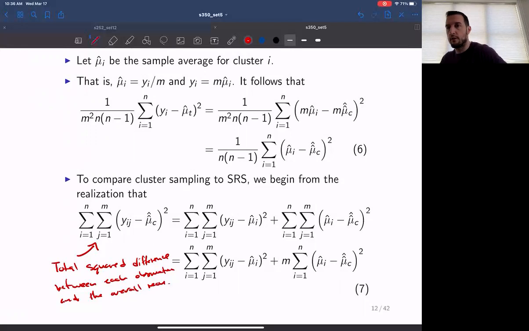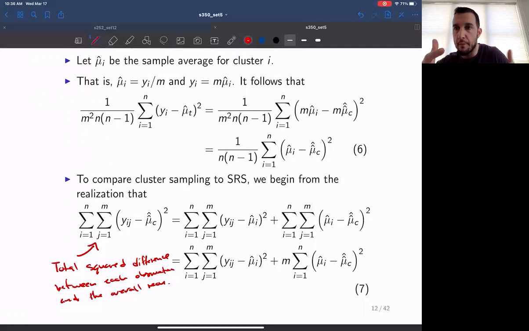So this first term here, the total squared deviation between each observation, so the individual element, and the overall mean, would be a representation of the total squared difference in the entire population. So if we were to take this quantity and divide it by 1 over m times n, that would be the total variance for the entire study, or an estimate of the total variance for the entire study.